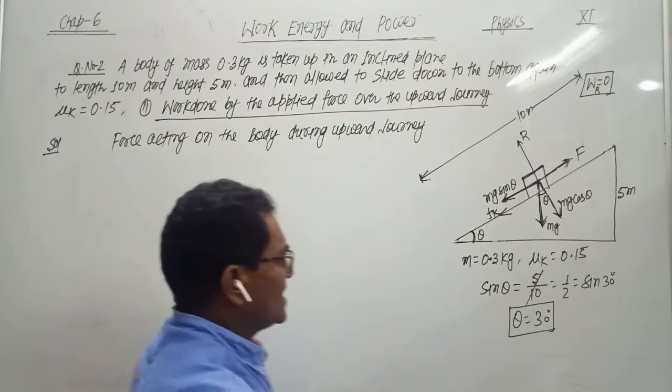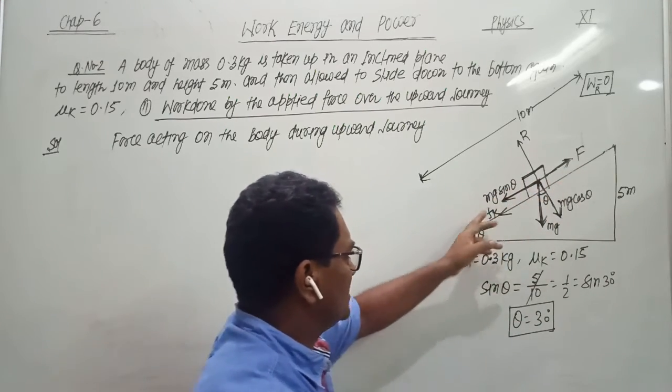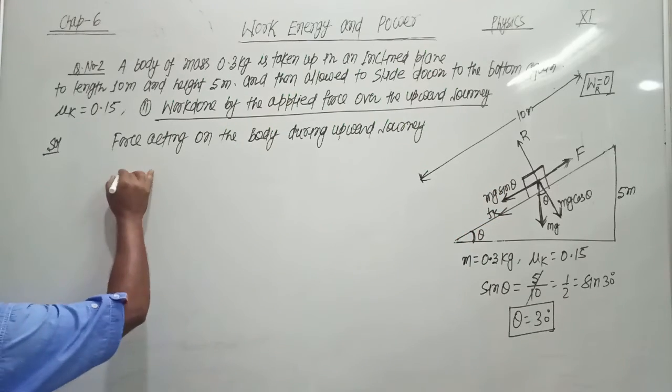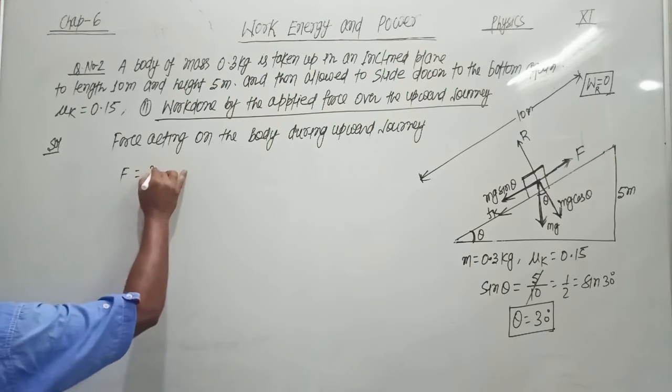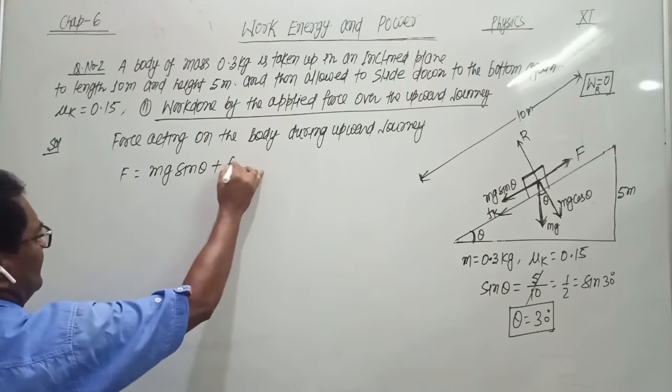In the forward direction the force acting is F, and in the downward direction two forces act, mg sin theta and Fk. So F equals mg sin theta plus Fk.